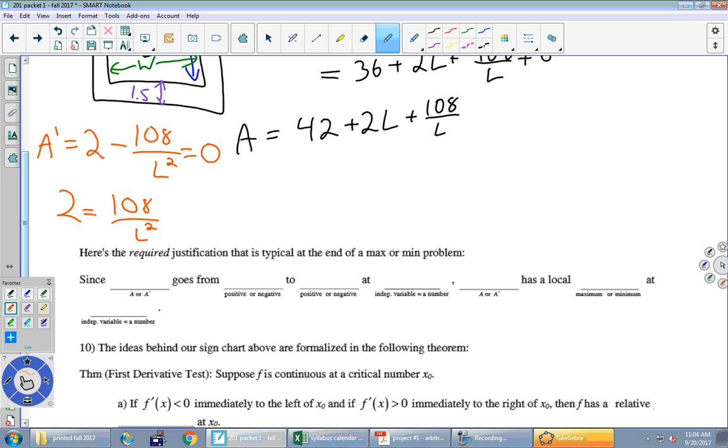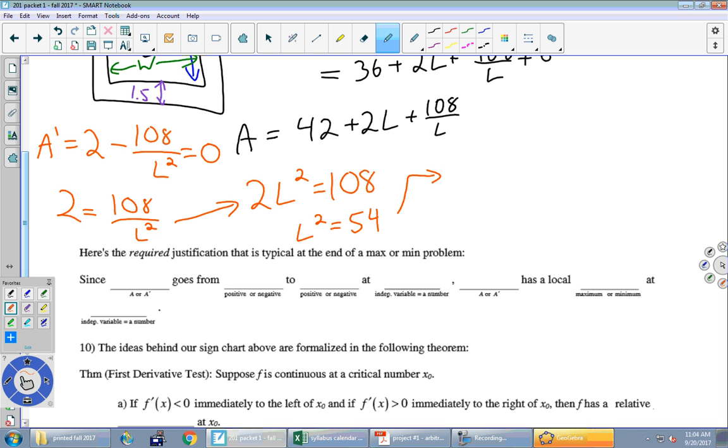And then we'll get rid of the fraction by multiplying both sides by that denominator, L squared, on both sides. So 2L squared equals 108. And then we'll divide both sides by 2. L squared is 54.